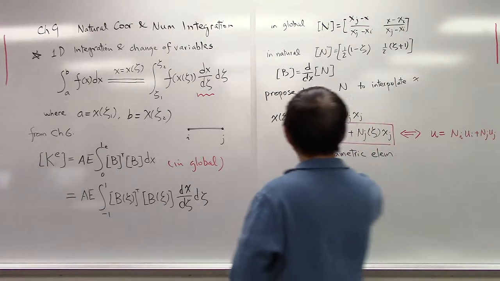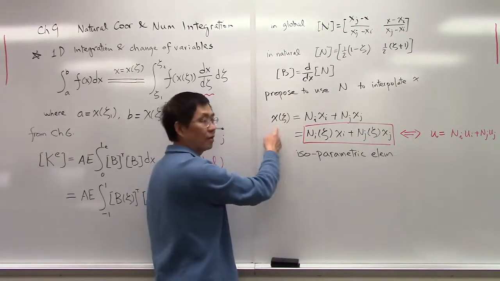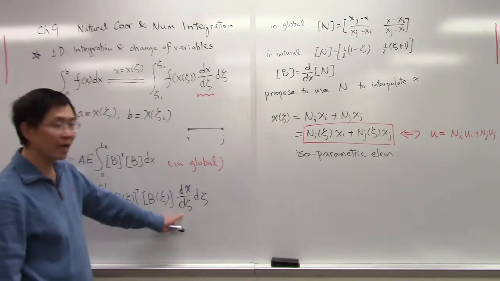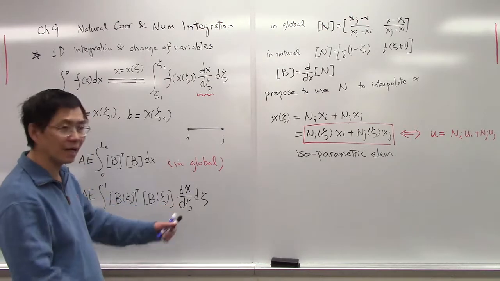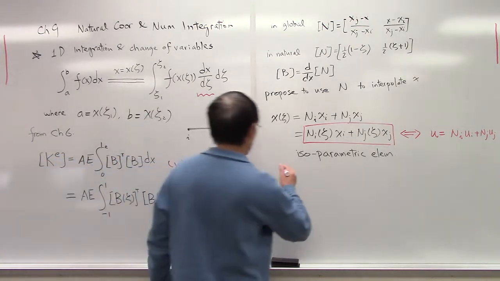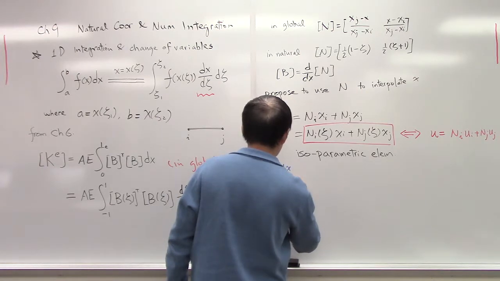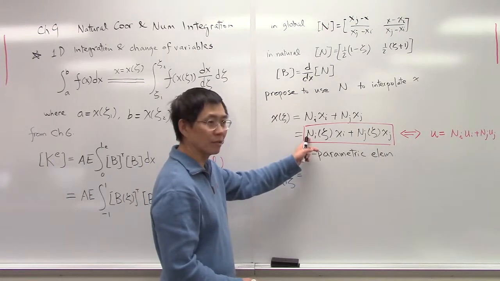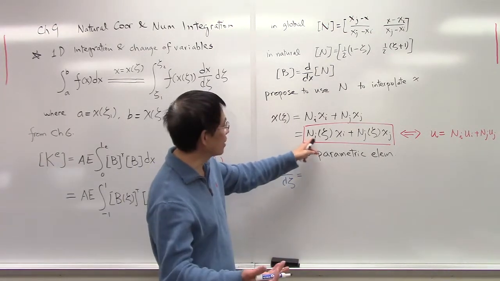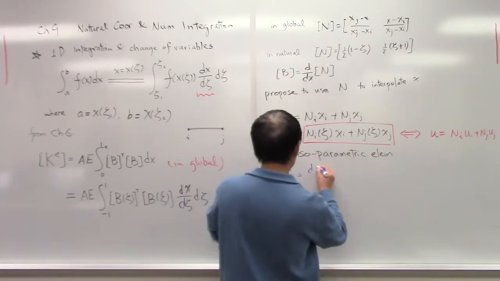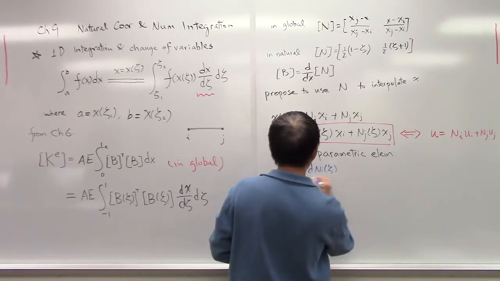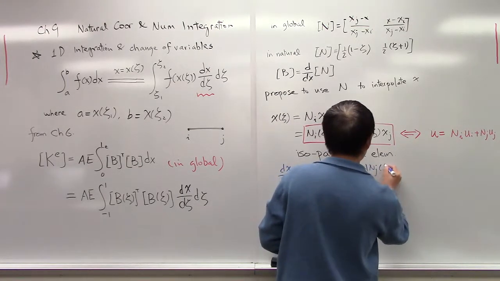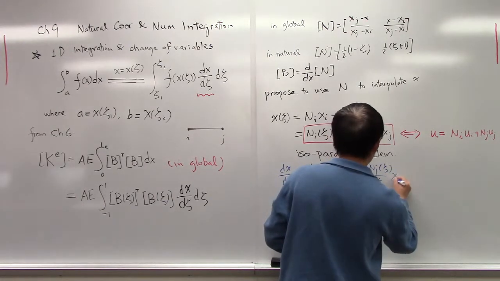All right, this gives us the relationship between theta and x. Once we have that, of course, now we can calculate that derivative, right? We need dx d theta. So dx d theta is equal to, now we can substitute this expression in, and Ni is a function of theta, but xi is not. So it's dNi d theta times xi, plus dNj d theta times xj.